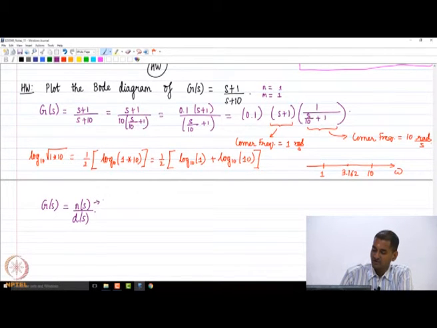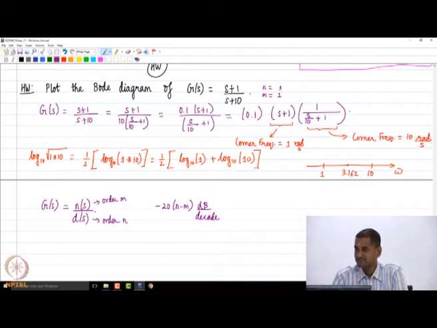If the numerator is of order m and the denominator is of order n, what is the slope of the high frequency asymptote? Minus 20 times n minus m decibels per decade, right. Is that satisfied here? Yes, right.